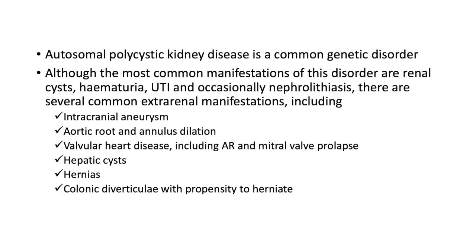So autosomal dominant polycystic kidney disease is a very common genetic disorder, and although the most common manifestations are renal cysts, hematuria, urinary tract infection, and occasionally nephrolithiasis, there are some other common extrarenal manifestations, including intracranial aneurysm, and that's why a patient who has severe headache and has ADPKD should have a CT scan to rule out those aneurysms, which have a propensity to dilate and rupture, causing a subarachnoid hemorrhage.